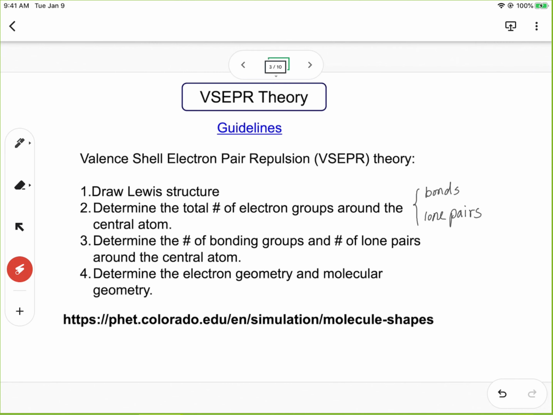It's very useful, and this website also gives you a bunch of examples about the electronic and molecular geometries. So you can use that for practice.